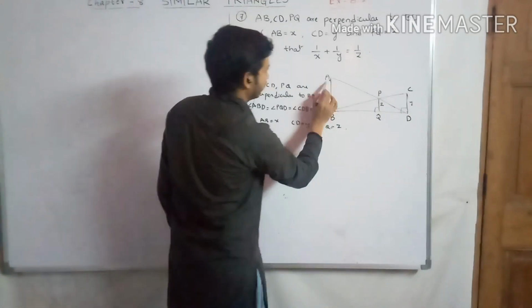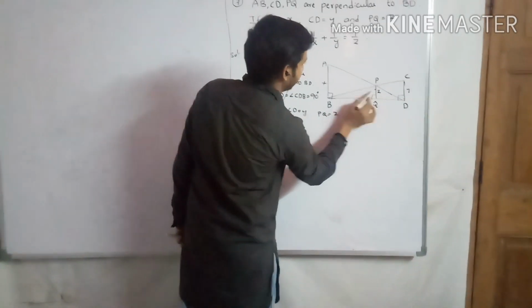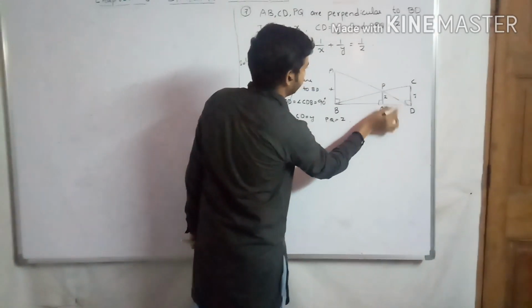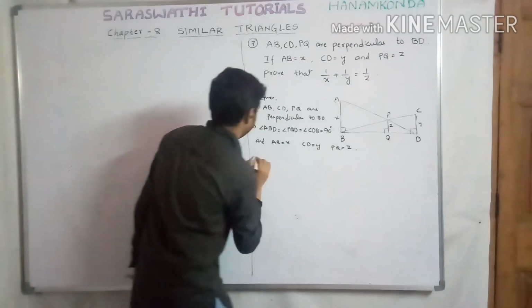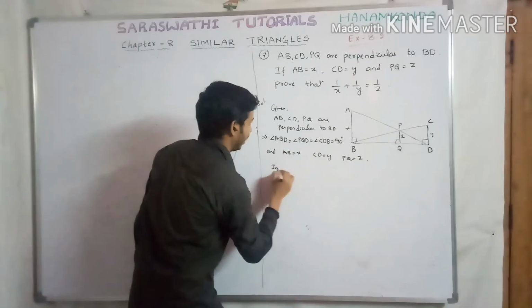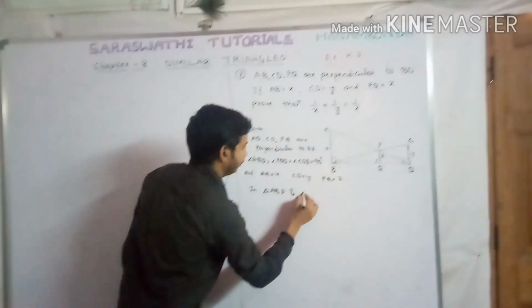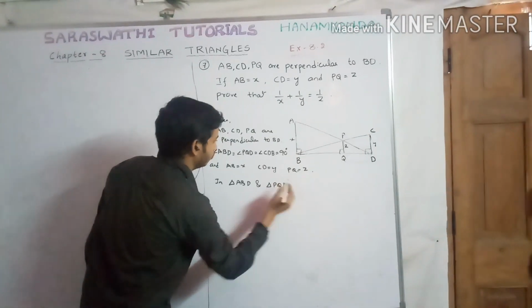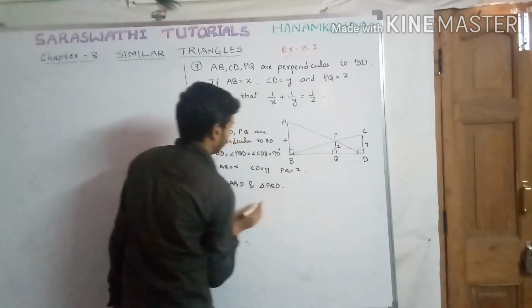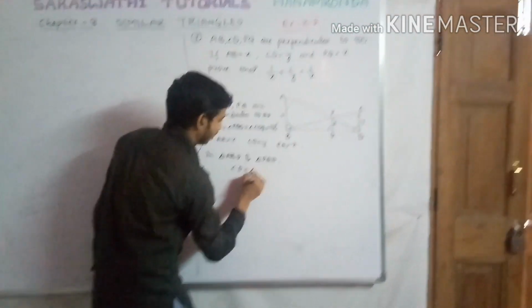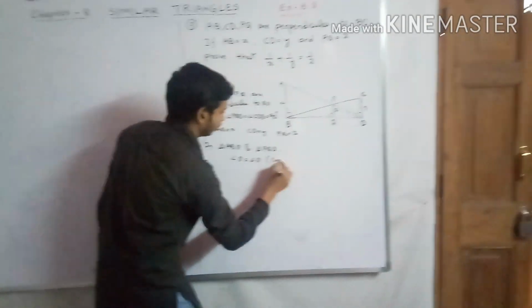So first consider triangle ABD and triangle PQD. Both triangles have angle D as common.